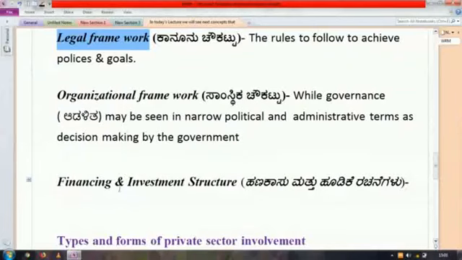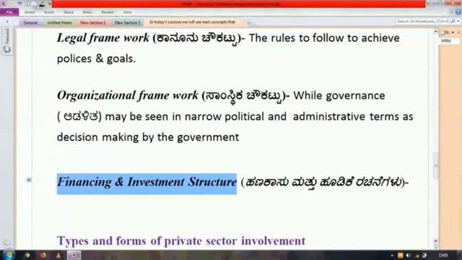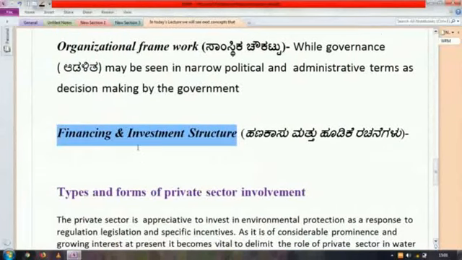Then the financing and investment structures. In these financing and investment structures, whatever the private sectors or government agencies made the rules and adopted the system, through that system we are using the water services. For water services, we must pay at least some funds for the betterment and development of the existing systems.